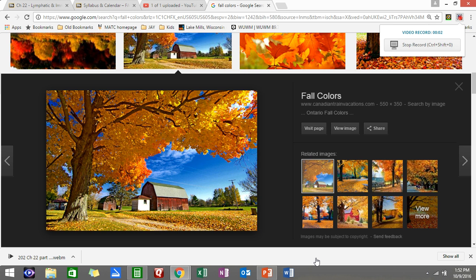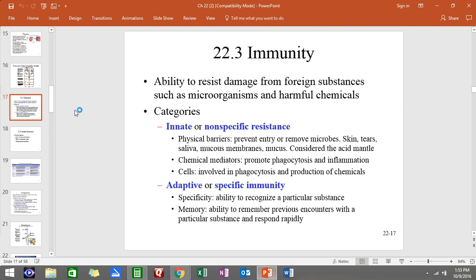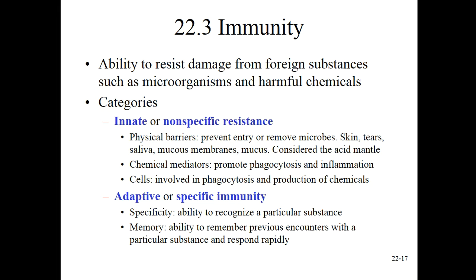In this video, I'll walk you through the different types of immunity, and then I'll teach you specifically about innate immunity, complement, and inflammation. So here we see that immunity is really the ability to resist damage from foreign substances, such as microorganisms and harmful chemicals.